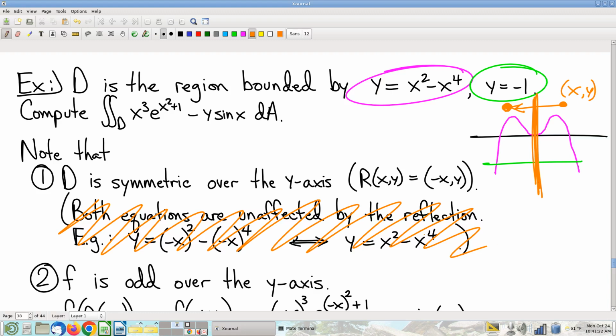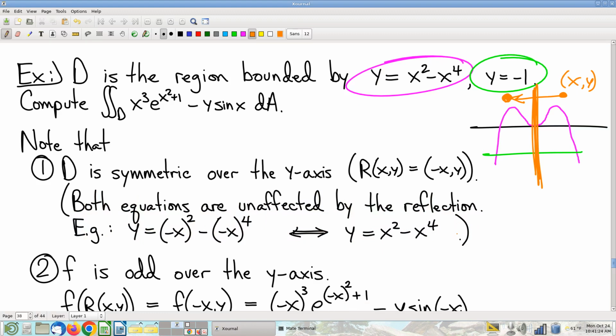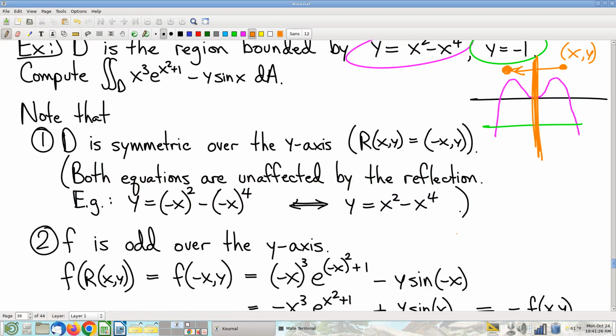Okay, so we've got ourselves a symmetric domain. Let's see here. I claim that our function f, keep in mind what our function is, our integrand, this f here, I claim that that's odd. Specifically, it has odd symmetry over the y-axis.